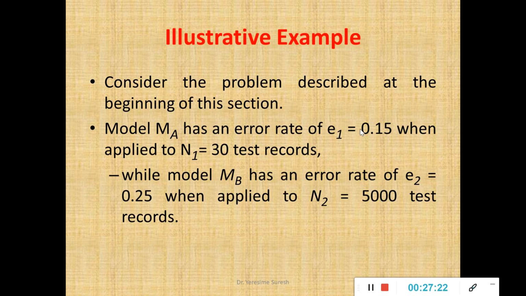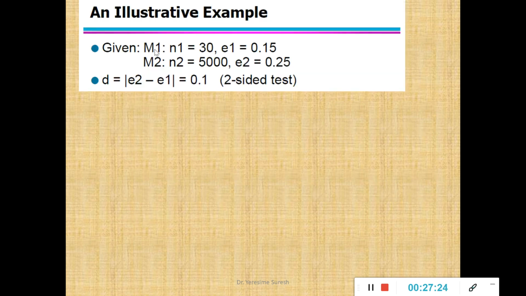The observed difference is 0.1. Fine. So model 1 has 30 records, model 2 has 5000 records, represented by N1 and N2. Error rate for model 1 is 0.15, model 2 is 0.25. So observed difference E2 minus E1 is 0.25 minus 0.15, it is 0.1.